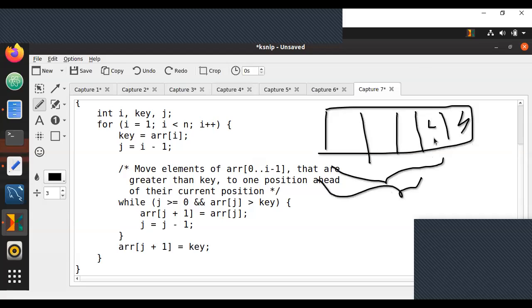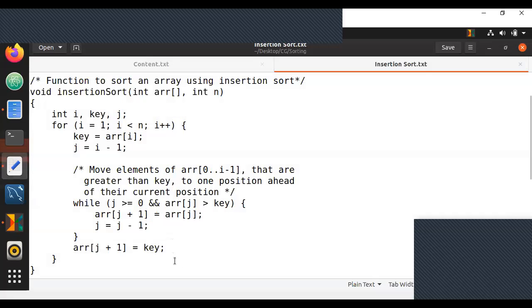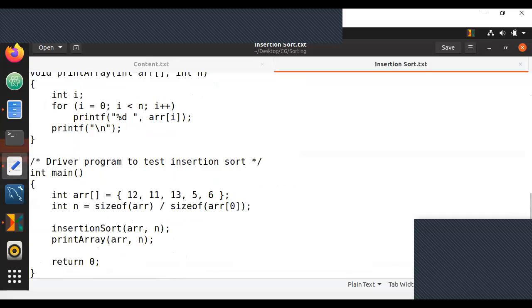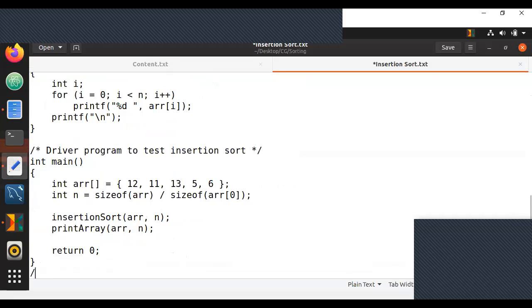Then you're comparing the first 3, put the largest value here. Then the first 2, put the largest value here. So there's no difference if you look at this. So its time complexity is also big O of n square.